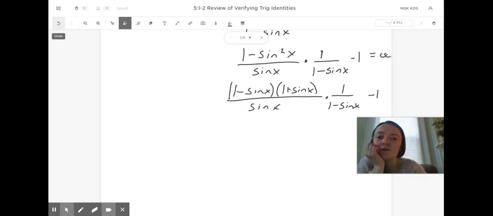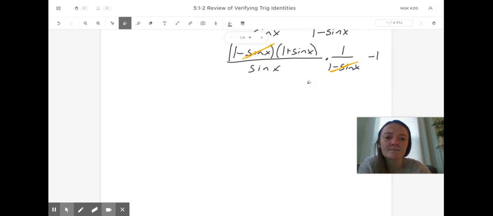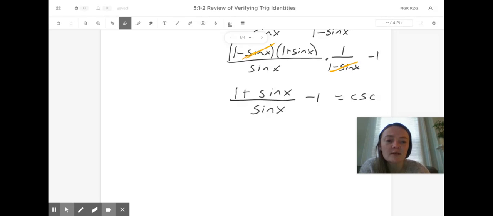Using a different color real quick, we can see here that 1 minus sine x and 1 minus sine x are going to cancel out. So that leaves me with 1 plus sine x all over sine x, minus 1. Question is, does it equal cosecant x?